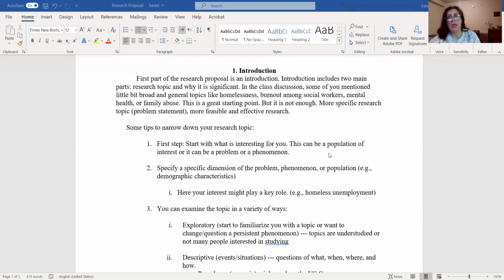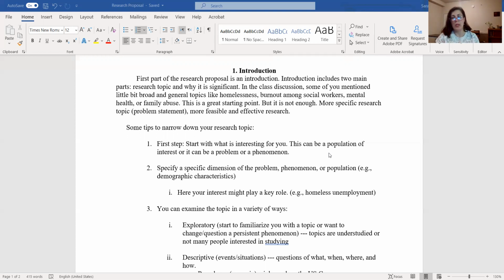You may focus on a social problem like burnout among social workers, or you may start with a population, like you may say, I'm interested in studying the homeless population, or you may start with any kind of social phenomenon, like any social policy or anything that's interesting for you and you'd like to learn about.